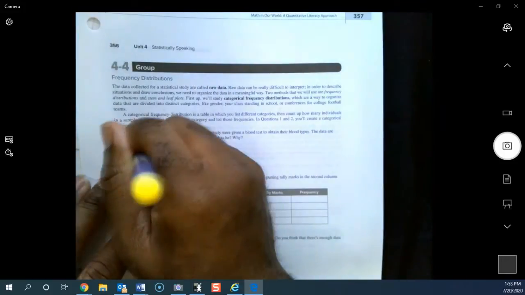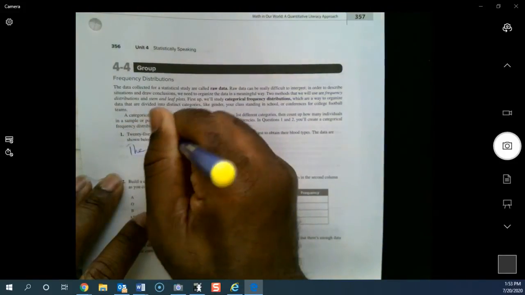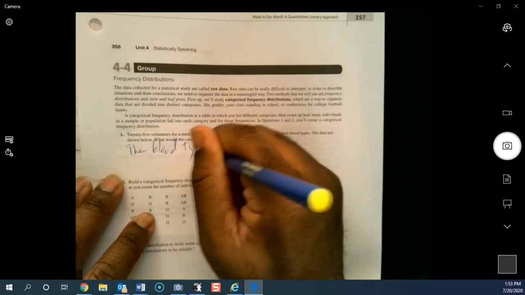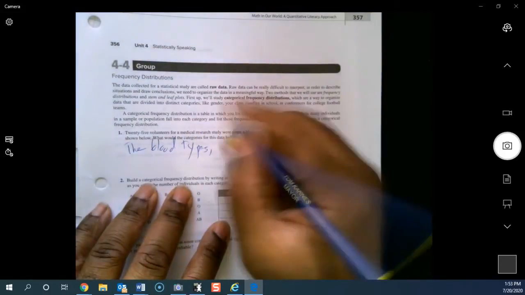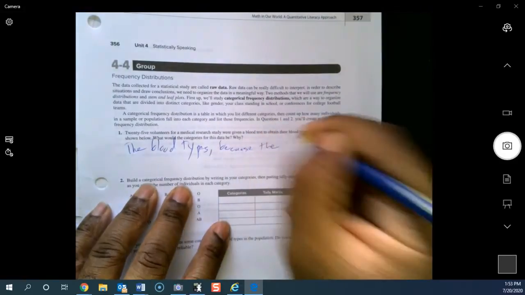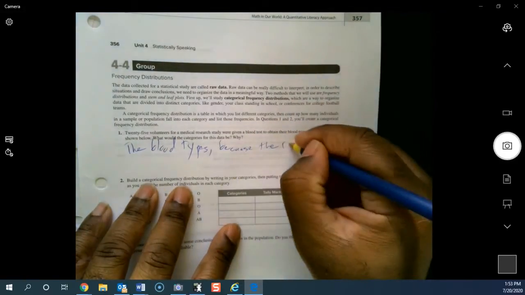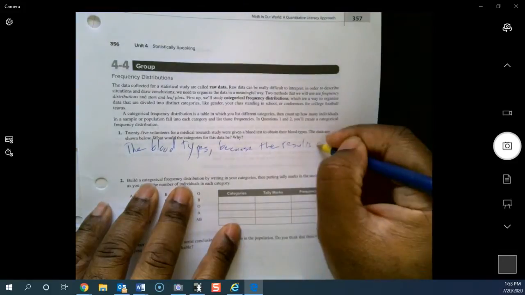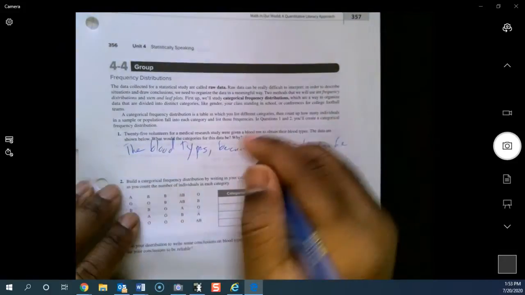Okay, it would be the blood types. And that's because the results can be categorized.